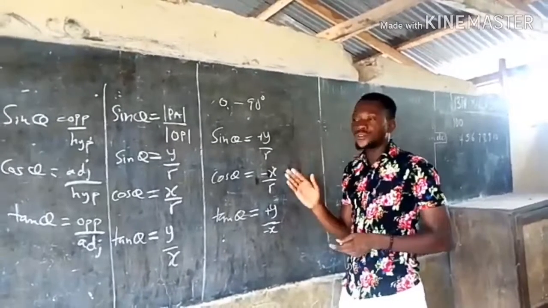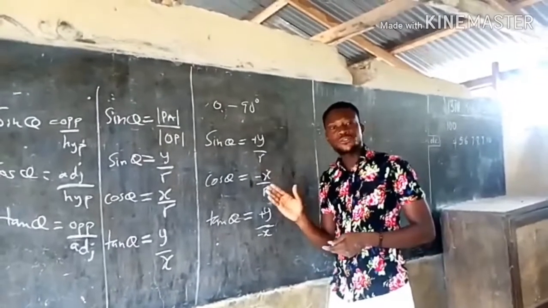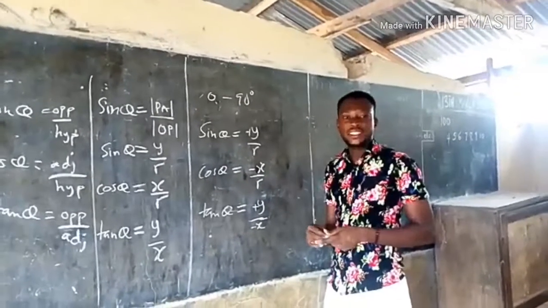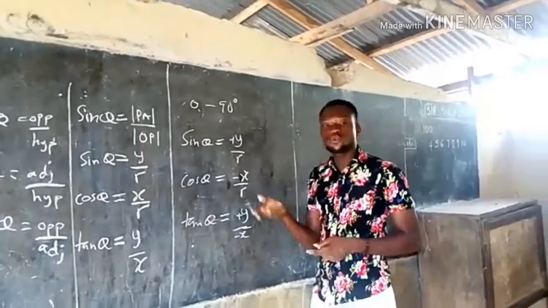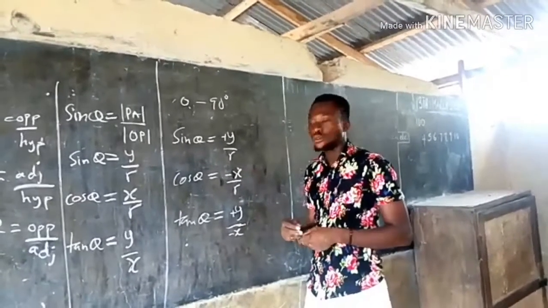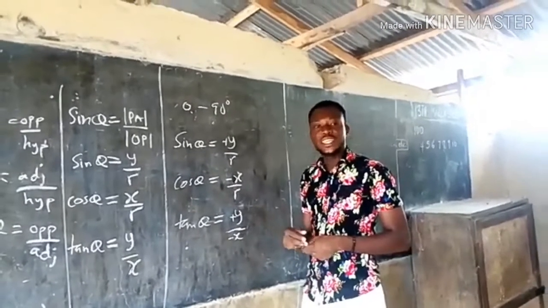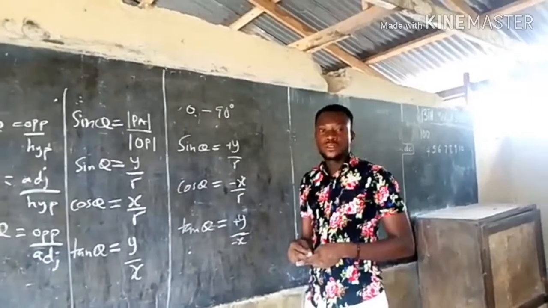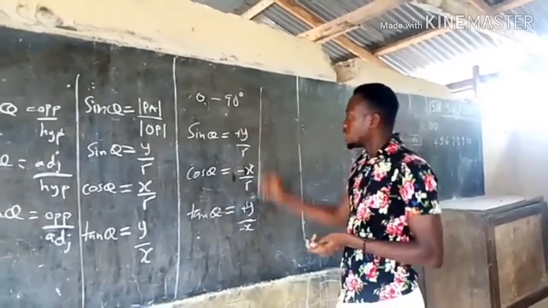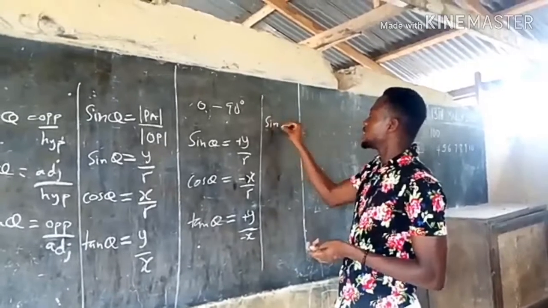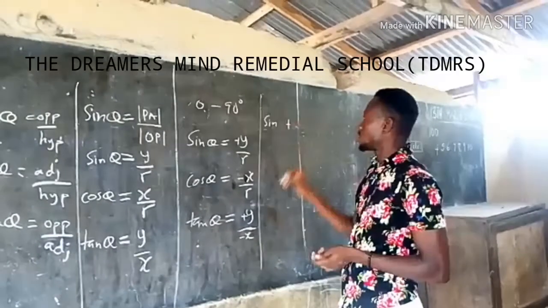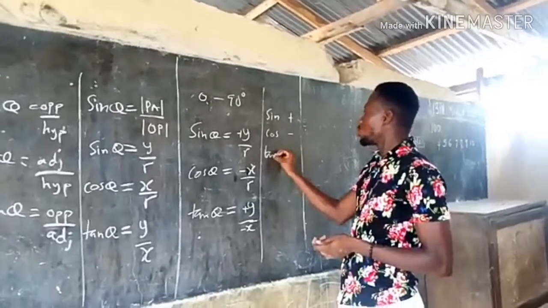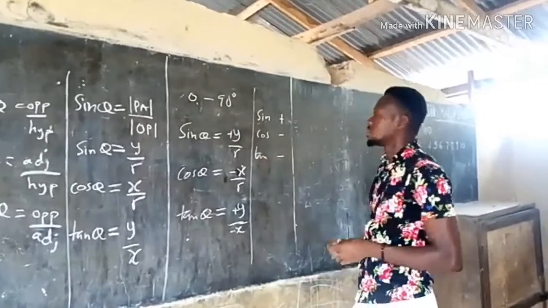In the second quadrant, the angles range from 90 up to 180. So if you find sine 120, you get a positive value. Cos 120 will give you negative, and tan 120 also gives you negative. So in the second quadrant, it's only sine which is positive. Cos will be negative, and tan will also be negative.